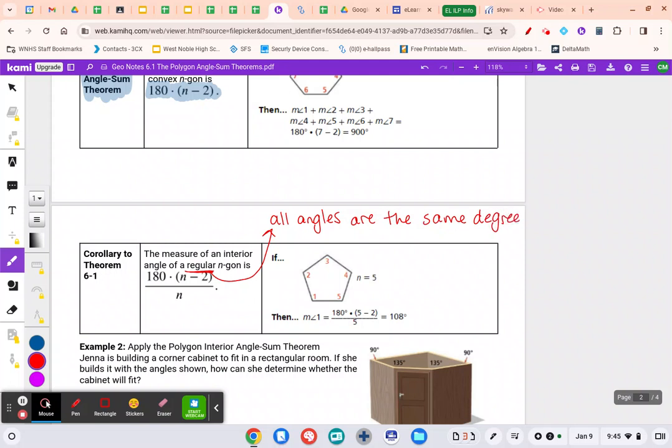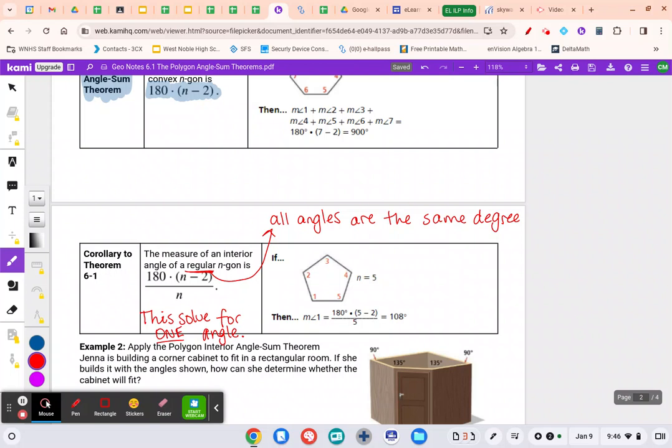If it states that it's regular, you can figure out what each angle is. Now, this formula, unlike the other one, solves for one angle. Okay? The other one solves for the sum of all the angles.